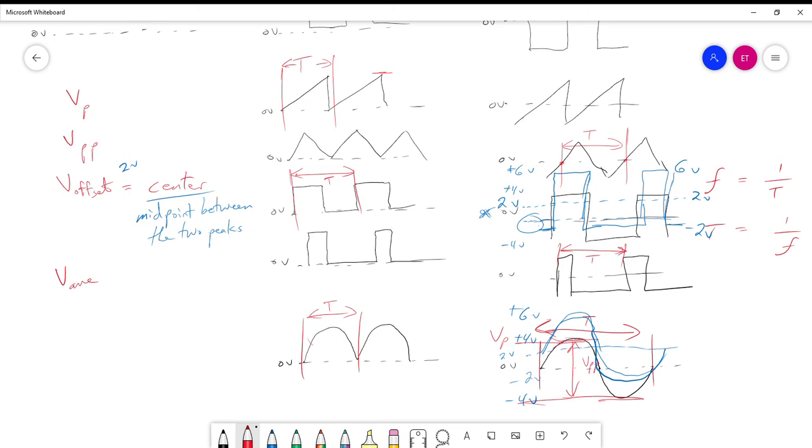So that's pretty self-explanatory. And then there's Vrms, and that is a value for any waveform where you take all the voltages that occur in the waveform, all the instantaneous voltages, you square them, and then you average that. So it's the average of all the squared values of voltage that occur, and then you square root it. So it's the root of the mean, which is the average, of the squared values.